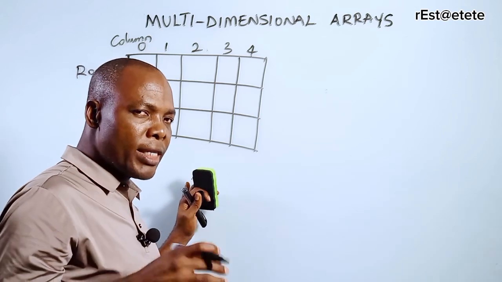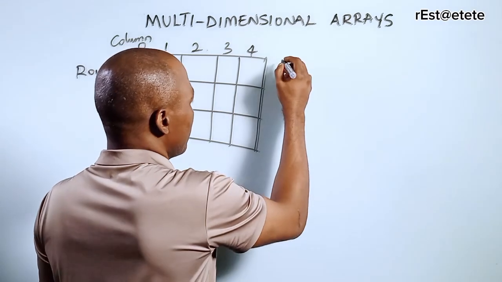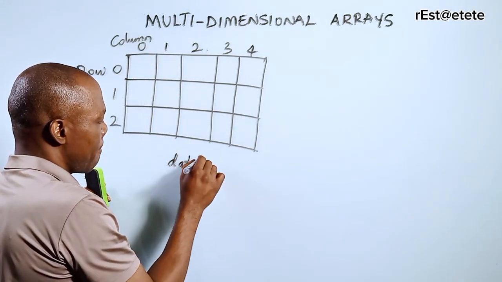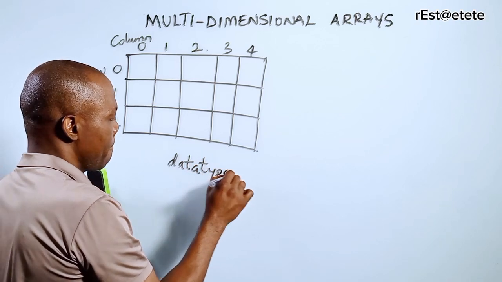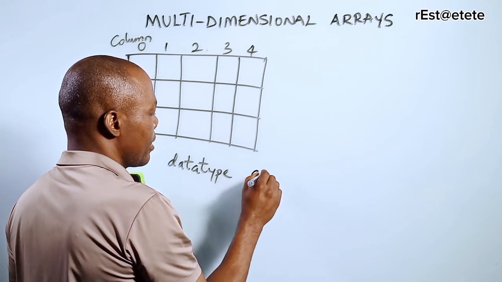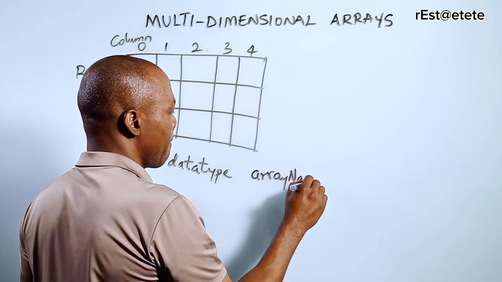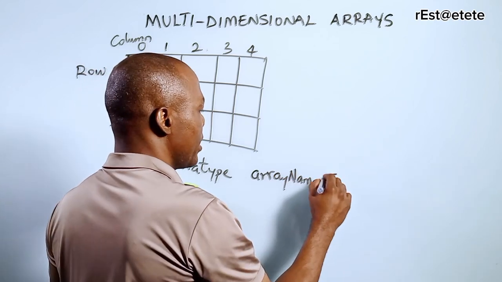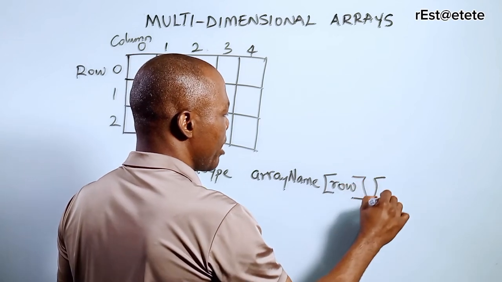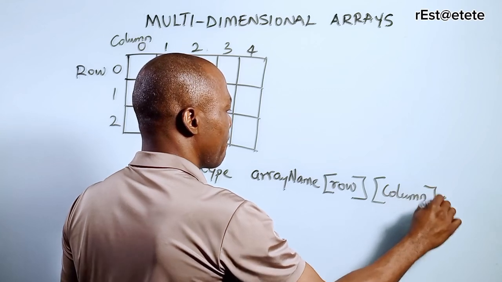Now, the syntax for a two-dimensional array is, let's write it here: data type, array name, and then you have this for row, and then you have this for column, right?